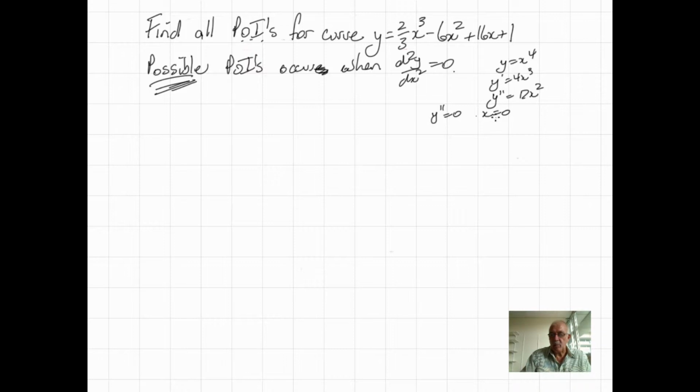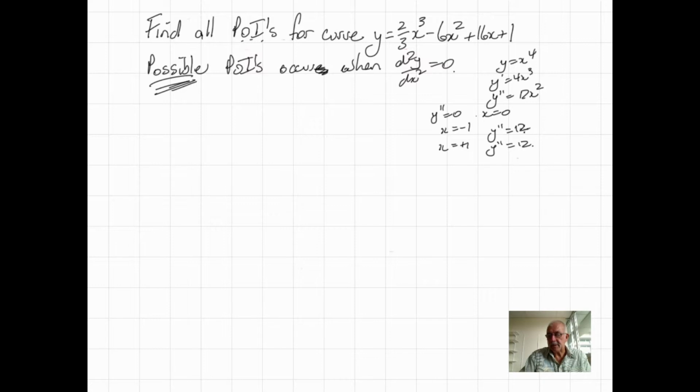And how do you find out whether you actually get a point of inflection? You put values in on either side of x equals 0. So x equals -1, y double dash is equal to 12, and x equals +1, y double dash is also equal to 12.